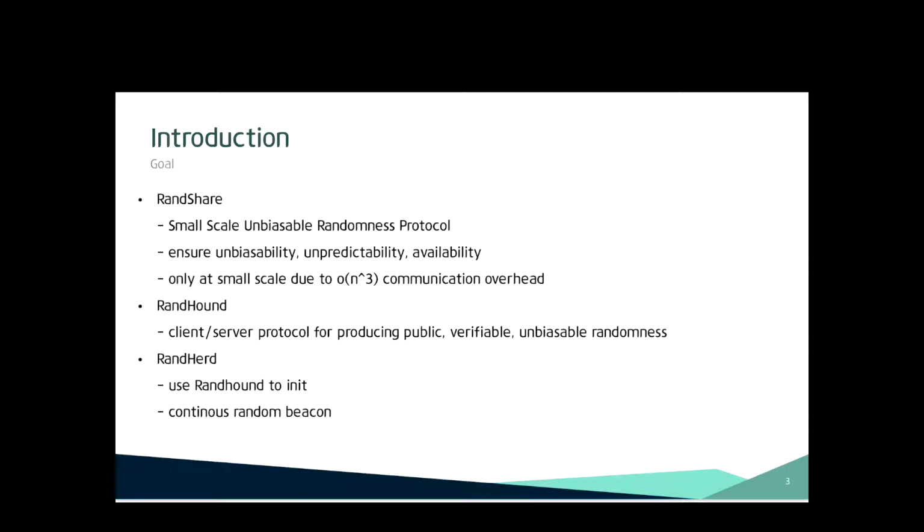The next protocol is RandHound. RandHound is a client and server-based protocol. When a client requests a random value, the server produces public, verifiable, and unbiasable randomness. Finally, RandHerd is a beacon that continues to generate randomness using RandHound.